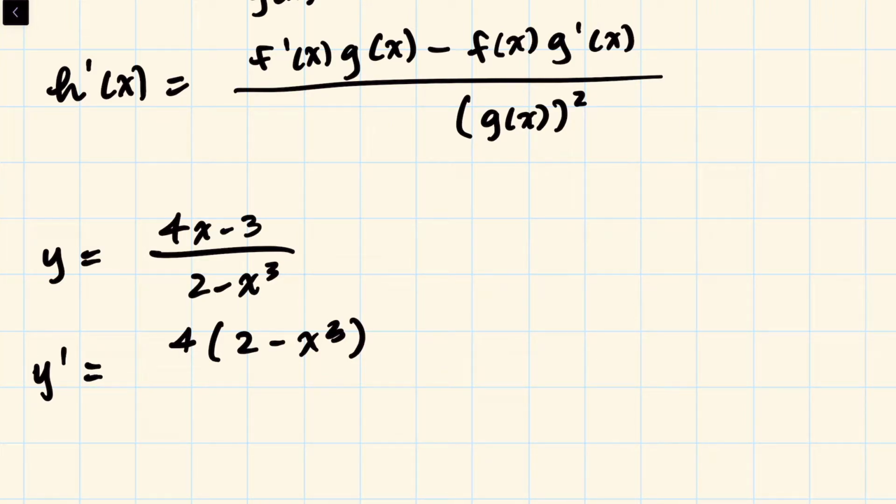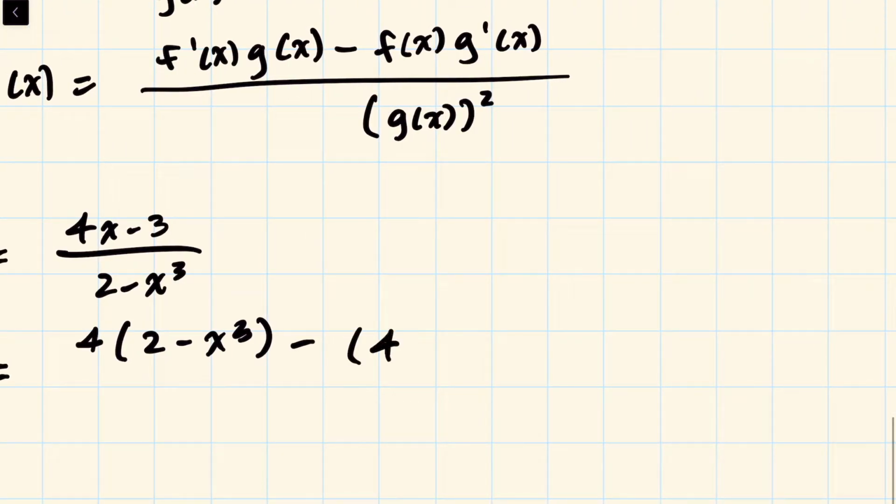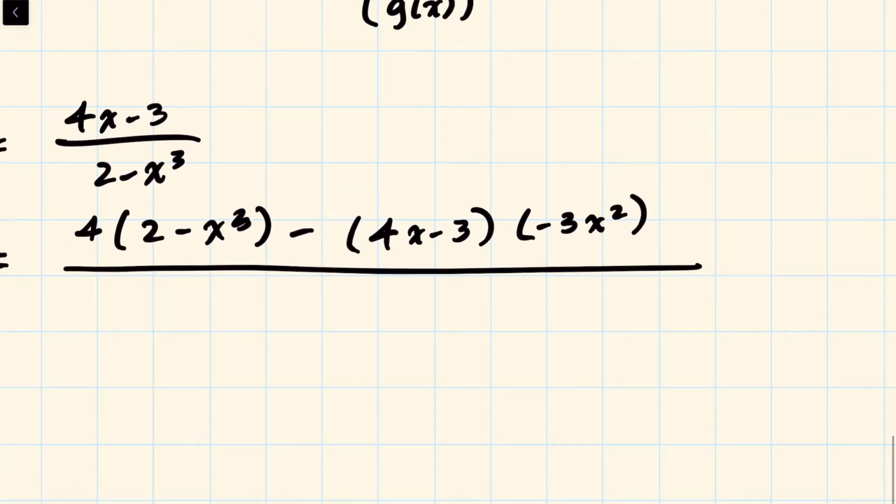Okay. And then we're going to subtract 4x minus 3. That's just the original f at x there. And we're going to multiply it by the derivative of the denominator. So in that case, it would be 0 minus 3x squared. So just minus 3x squared, or negative 3x squared. Okay, and that's all over 2 minus x cubed all squared.